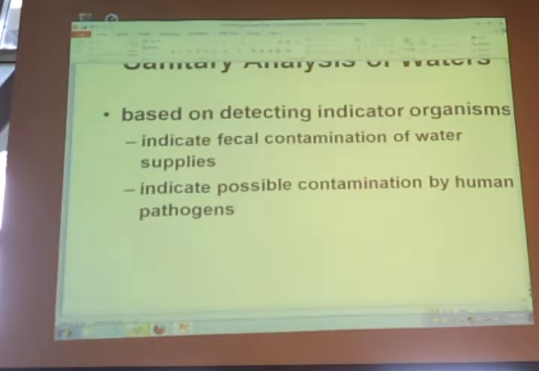Some comes from groundwater. Groundwater is usually not as contaminated. But I say not as contaminated because there are other ways that sewage gets disposed of in rural areas, and we have plenty of rural areas around us.